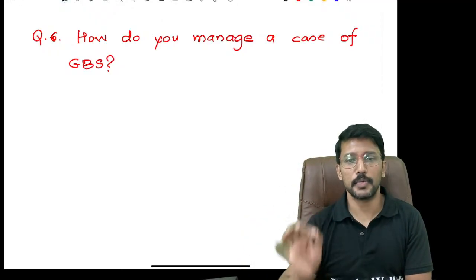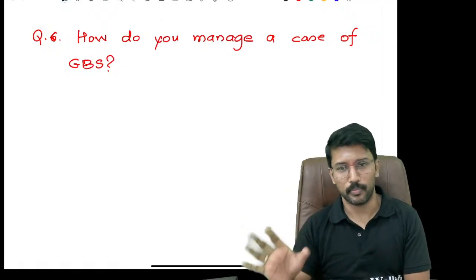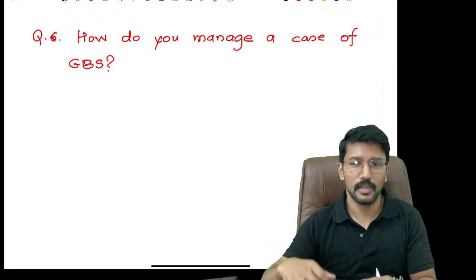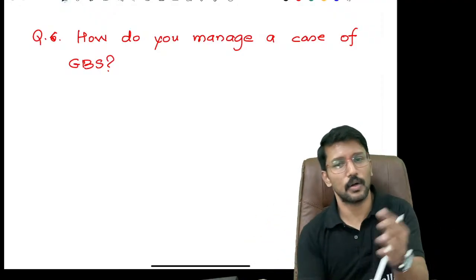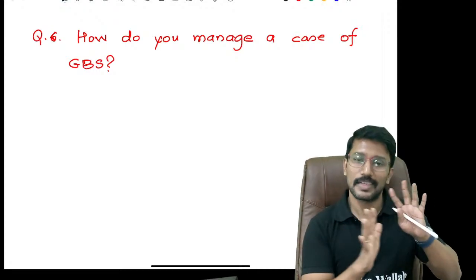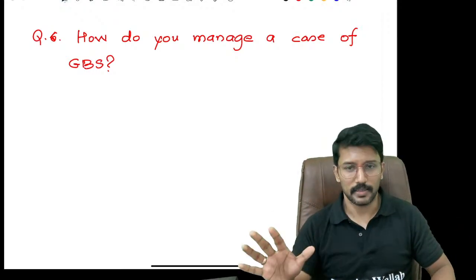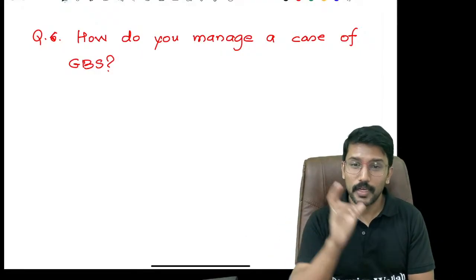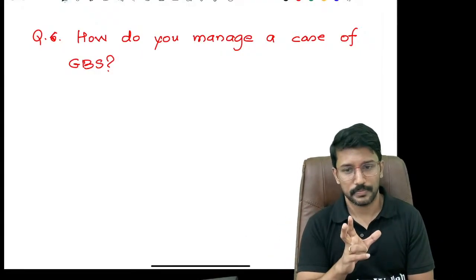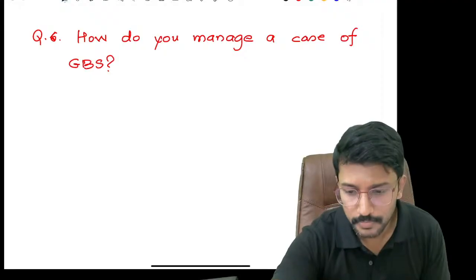The recovery in patients with GB syndrome is near complete. The patient won't go home saying that my power was 5 out of 5 when I started developing symptoms and now it is 3 out of 5. The patient will become completely normal by the time they are ready to go home. The only thing is that I have to make sure that he survives this critical period, right?